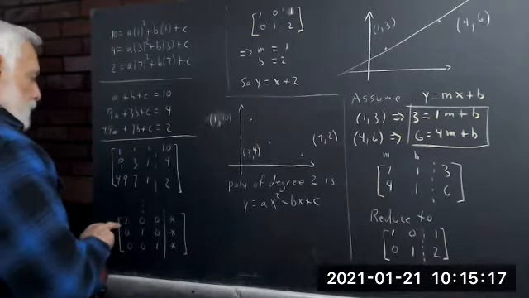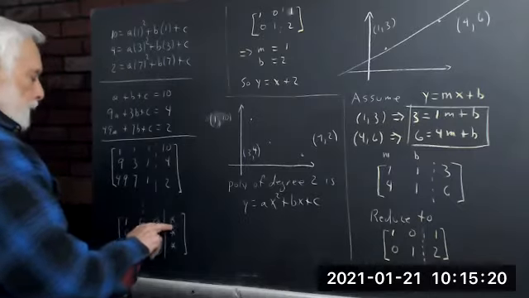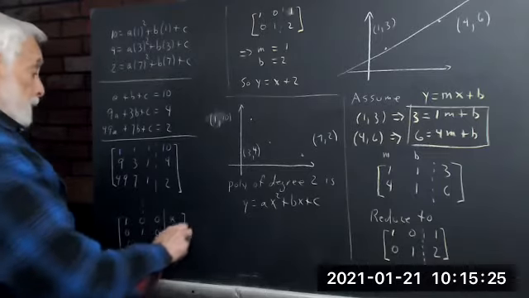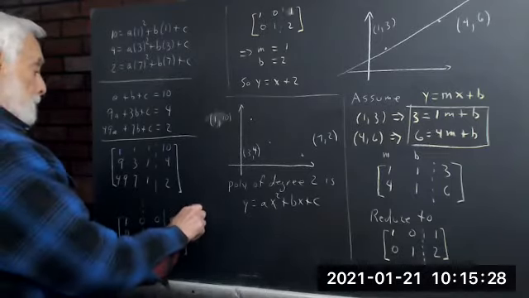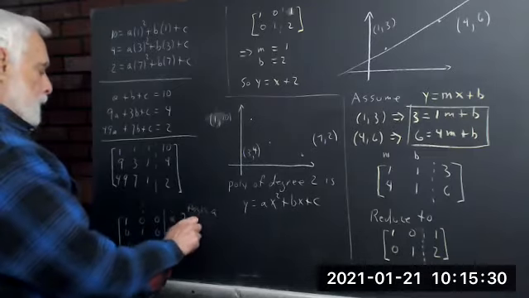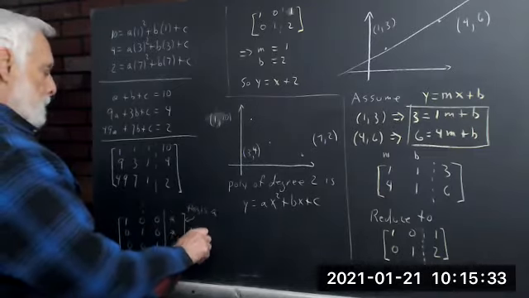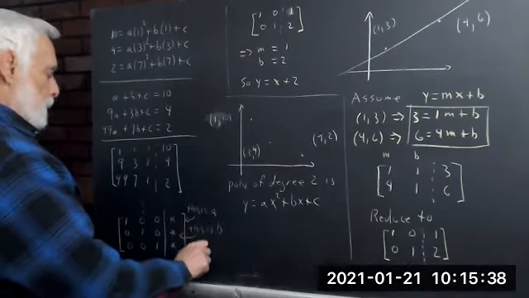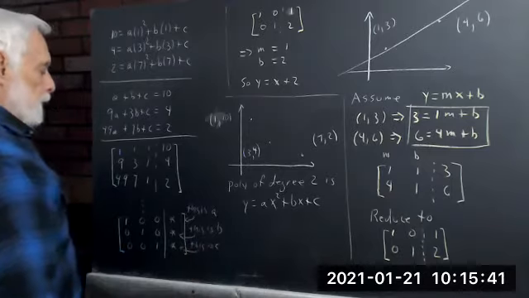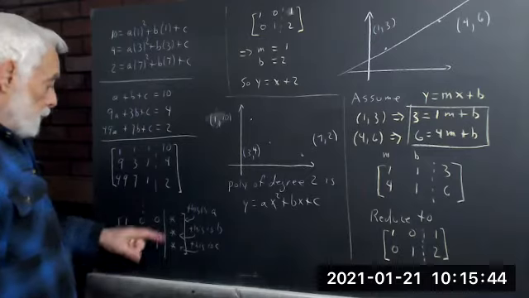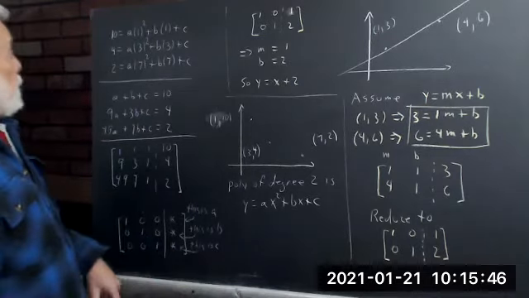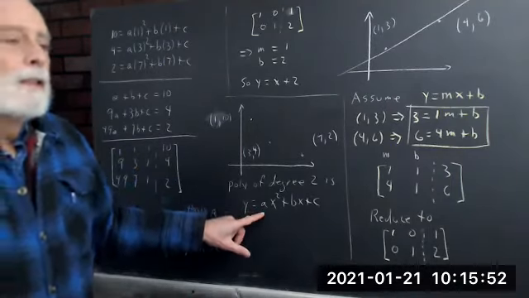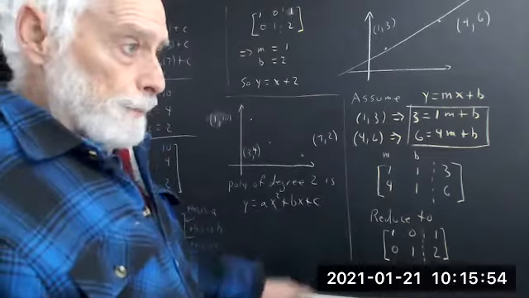So this stands for A equals this number, B equals this number, C equals this number. So this is A, this is B, and this is C. If we do the reduction, we're going to get our values of A, B, and C. And of course, we plug those into this equation and we get our second degree polynomial.